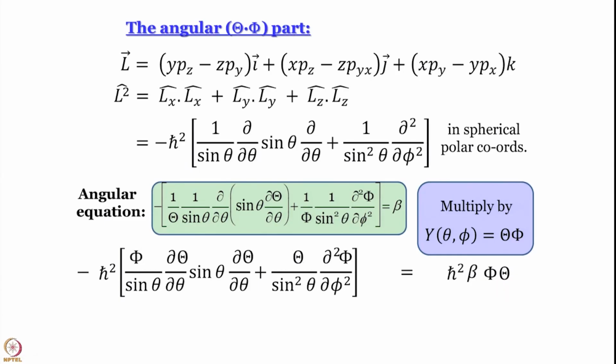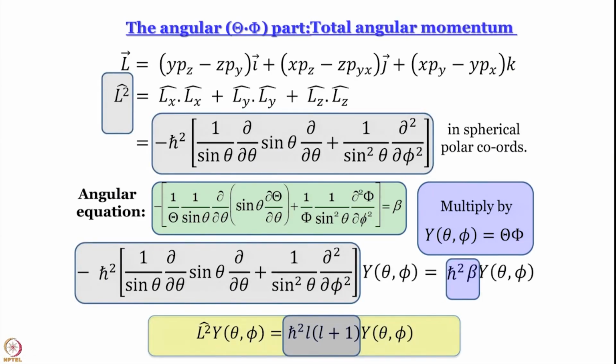If you go back to the earlier one, there is no harm if I take this capital phi inside this operator in theta, because capital phi is constant with respect to theta anyway. Similarly, I can take this capital theta inside this capital phi. So, this is what we will write, and hence of course, we have to multiply by sin square theta so that this goes, there is no need actually.